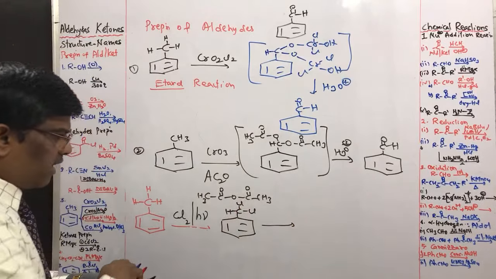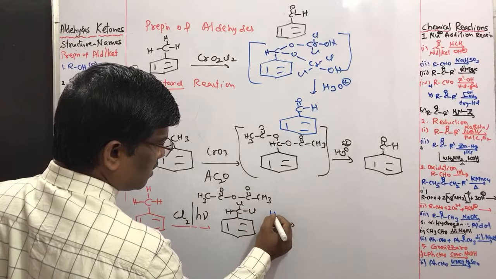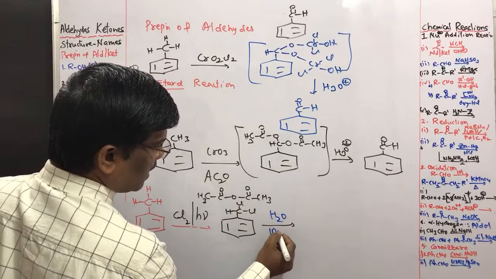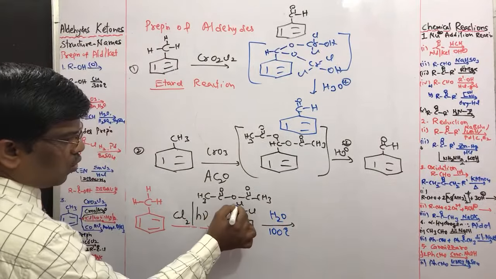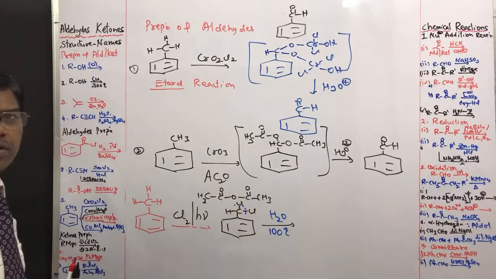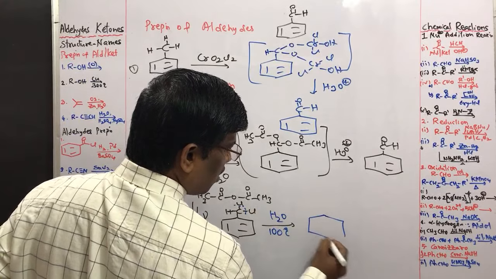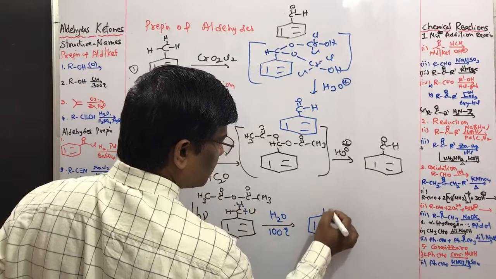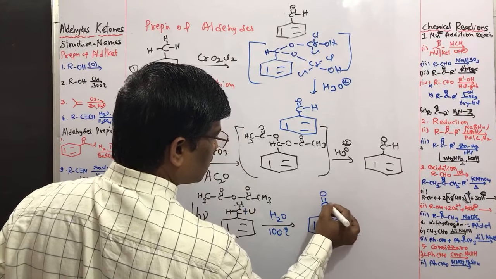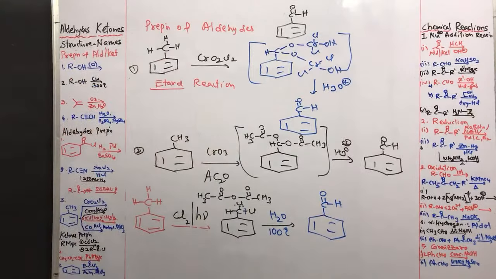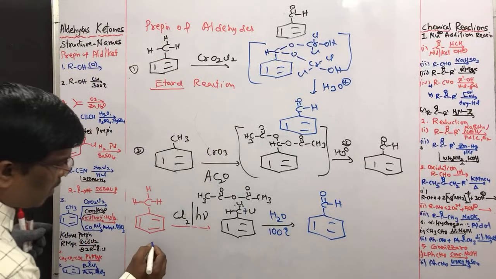This upon hydrolysis at 100 degrees centigrade, these two chlorines are going to be hydrolyzed to take up water and to give benzaldehyde. This is a very, very important method and commercial method.